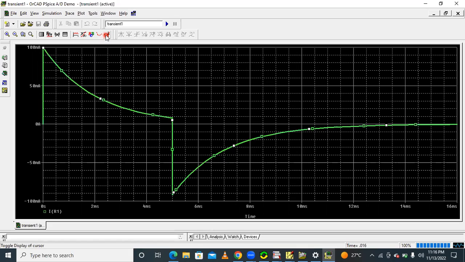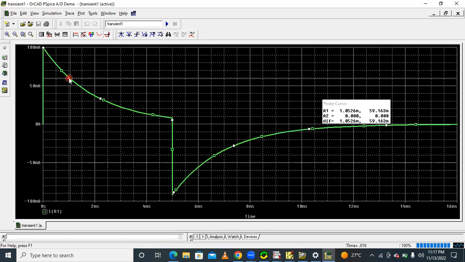Here, enable toggle cursor and place it on the x-axis. This is 1.059 milliseconds. Mark like this.